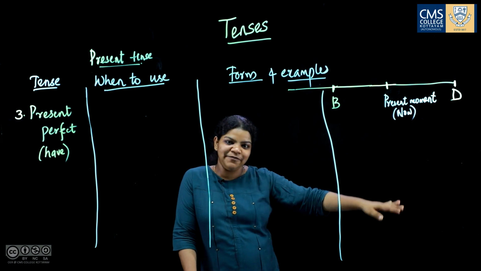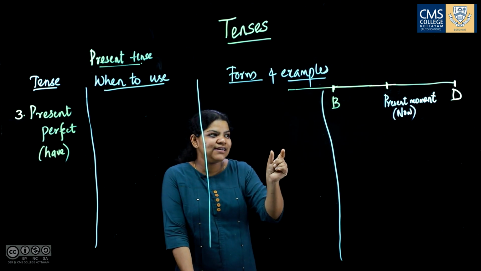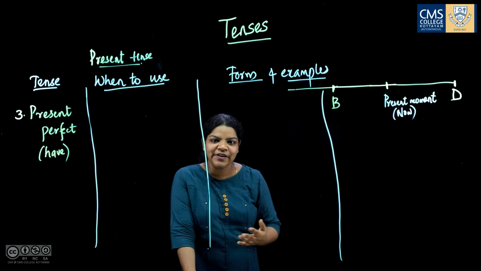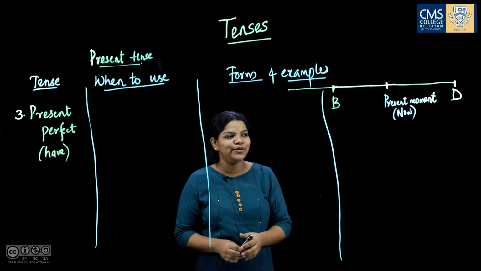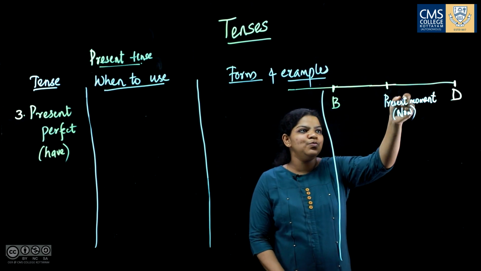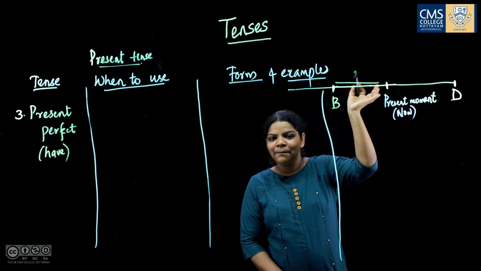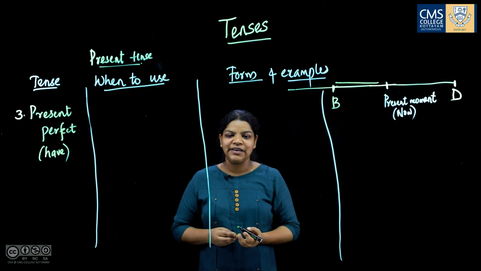It could be over the lifetime also. Present continuous tense was an action which referred to a shorter span of time. Now present perfect tense is an action which happened in the past. Okay? So it has no direct connection with the present moment. It is an action which happened sometime in the past. It could be anywhere here. It happened sometime in the past.